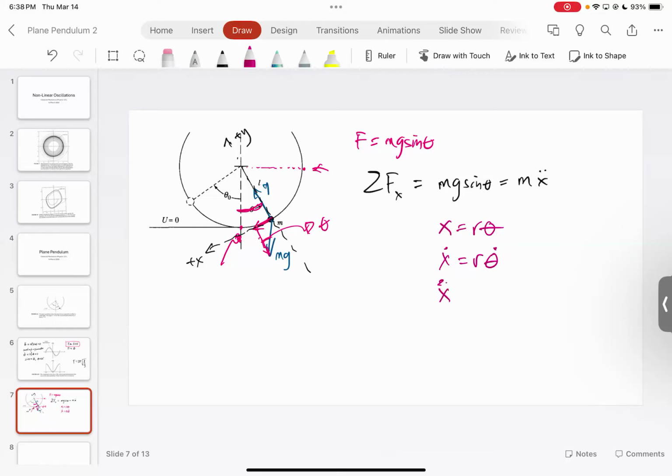And of course, the second derivative of this will be r times theta double dot. Okay? So our equation of motion will then become mr theta double dot equals mg sine theta.